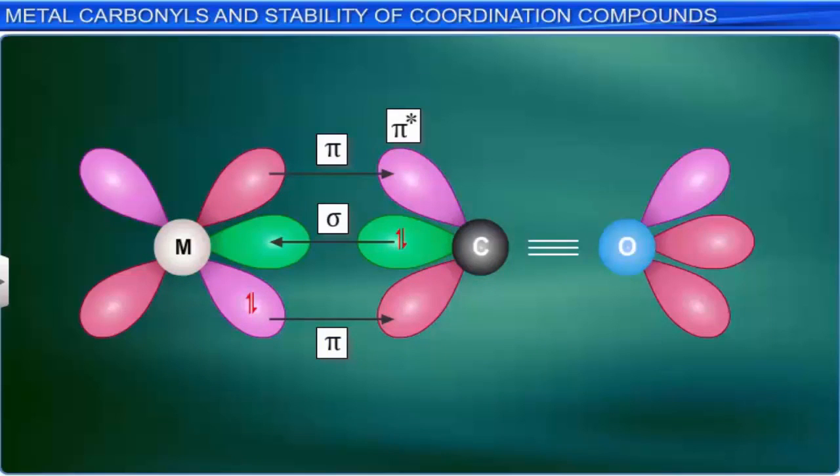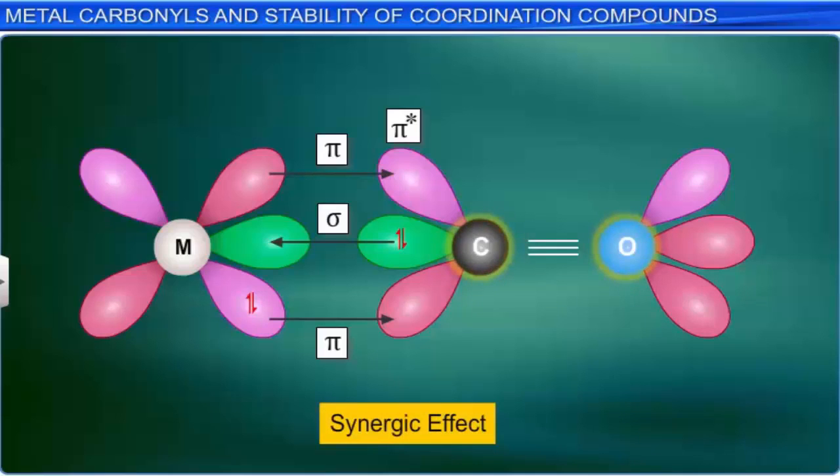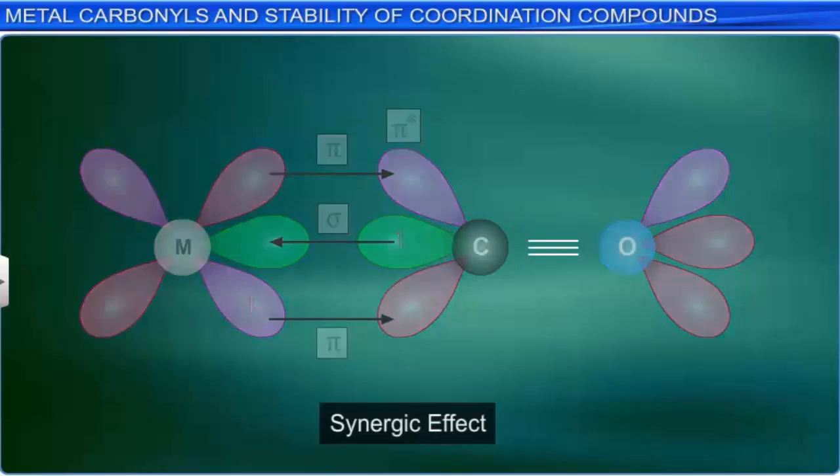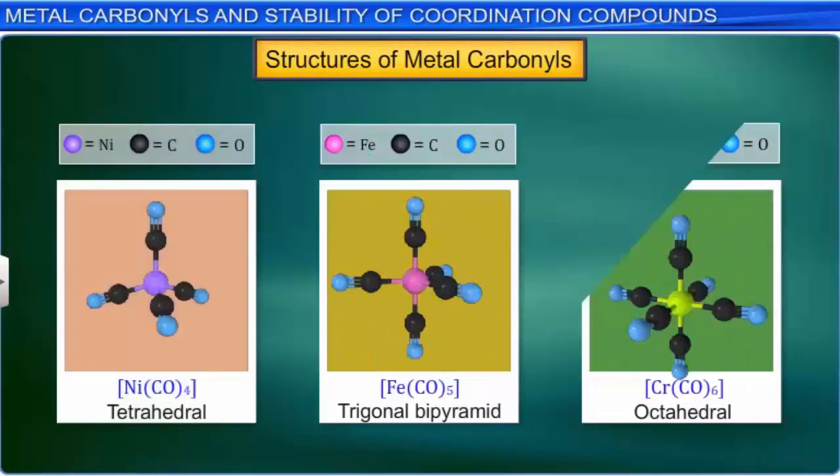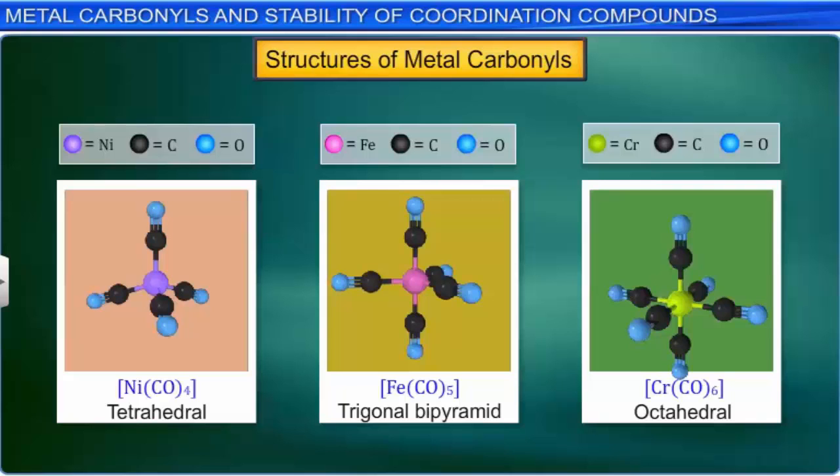Carbonyls have simple and well-defined structures. For example, tetracarbonylnickel(0) is a tetrahedral molecule. Pentacarbonyliron(0) is trigonal bipyramidal. And hexacarbonylchromium(0) is octahedral.